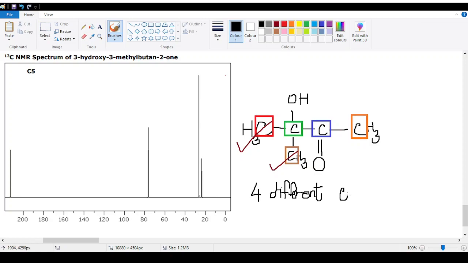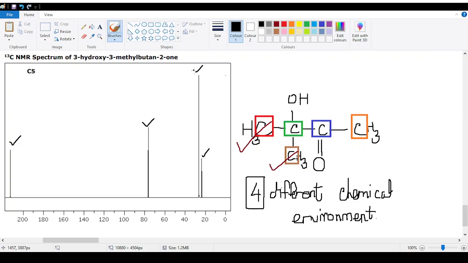There are four different chemical environments. And so in the carbon-13 NMR spectrum, the graph, we can expect how many different peaks? Four different peaks. And you can see in this graph, there are approximately four different peaks, right? One, two, three, four. Can we see that or not?